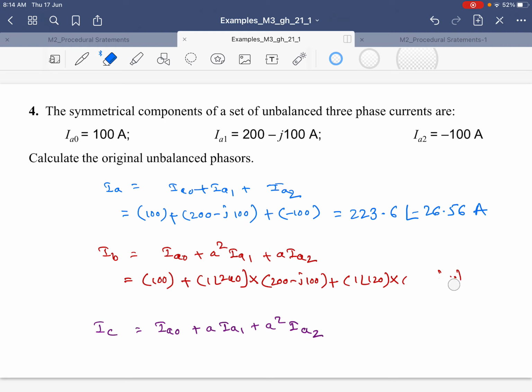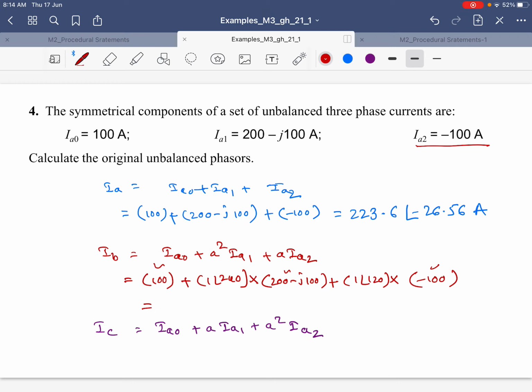For IC, you take A into IA2, substituting the value of IA2 as minus 100, along with IA naught and IA1.